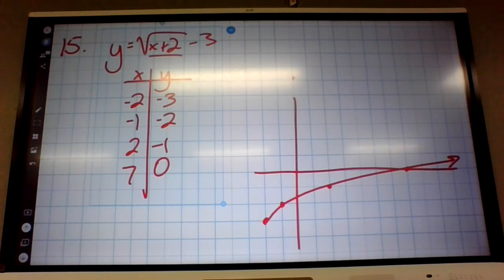Can never get it quite perfect. It starts out going up quickly and then it goes up slower and slower and slower.